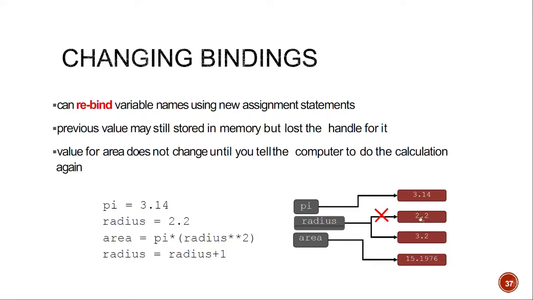So initially, the radius would have a value of 2.2, but then after executing the last expression, the pointer changes to 3.2. So now the memory location for 2.2 might still exist. However, the pointer from the variable radius now points to the memory location with the value 3.2.